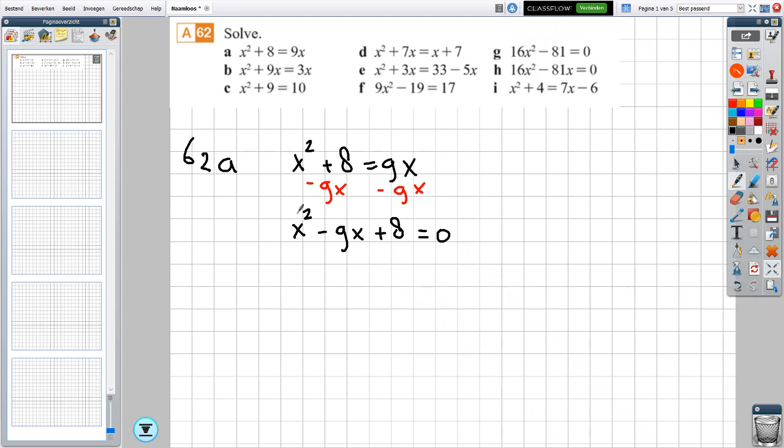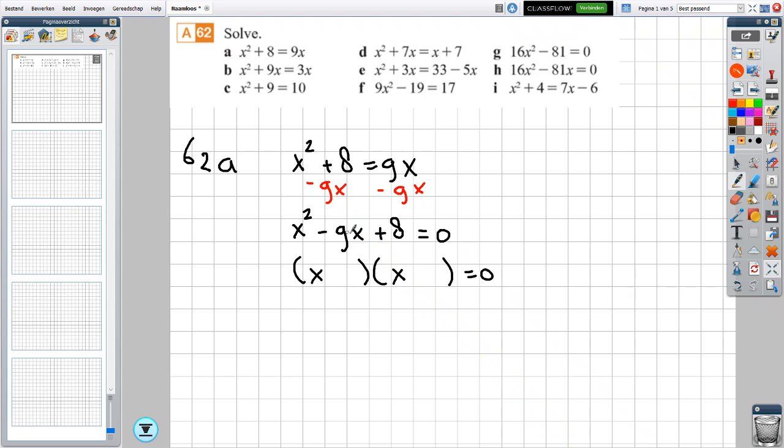If you have something with x squared and x and a number without a variable, I think you are going to use the product sum method, because I don't have any common factors here, and because I also have something with an x, I cannot use the x squared is c method. So here I have to look for something like this again.